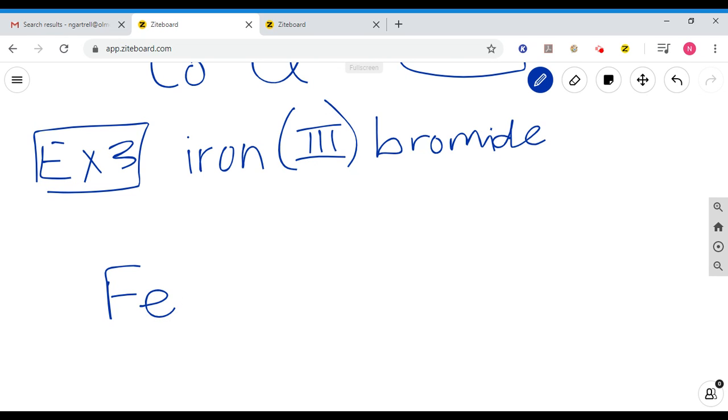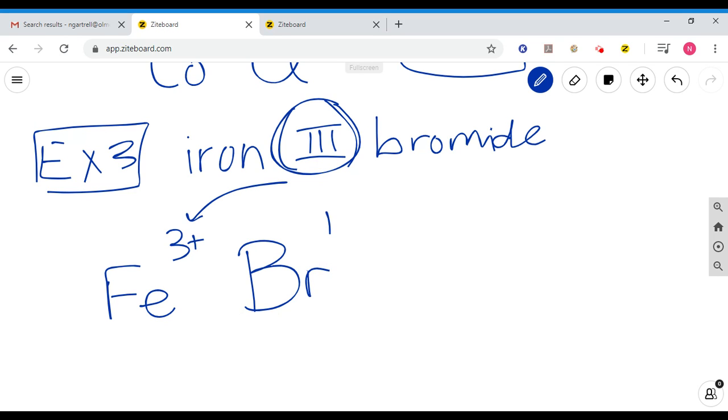All right, so we have Fe. This is the Roman numeral 3. Bromide needs 1. For this problem, my numbers aren't the same. I have a 3 and a 1, so I can't just cancel them out.